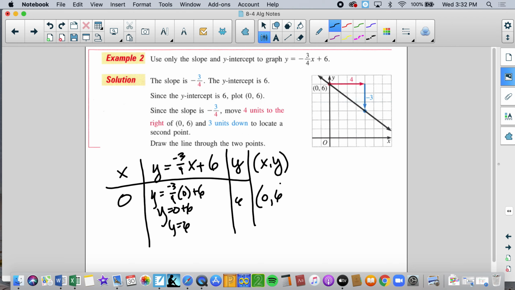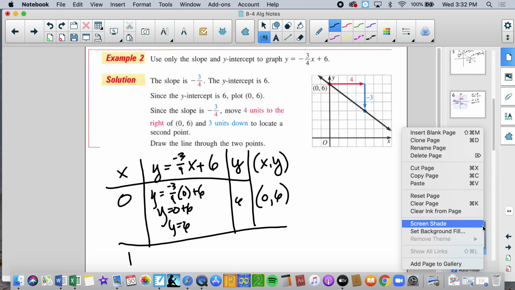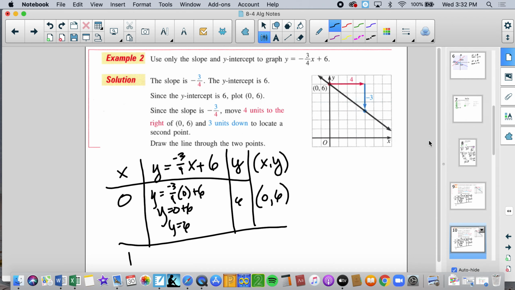One point is 6, and you would have to do that 3 times. That's way too complicated. It's way too much work. Now that we know about slope-intercept form, what we can do is use the slope and the intercept in order to graph this.